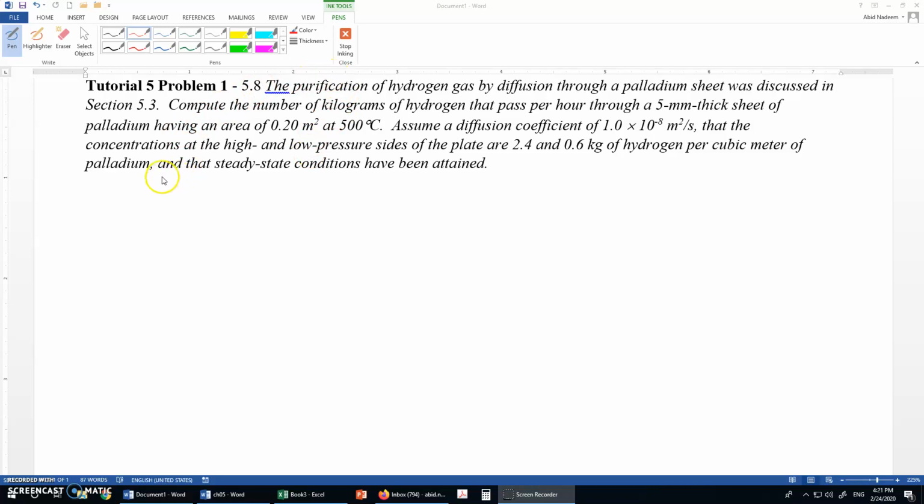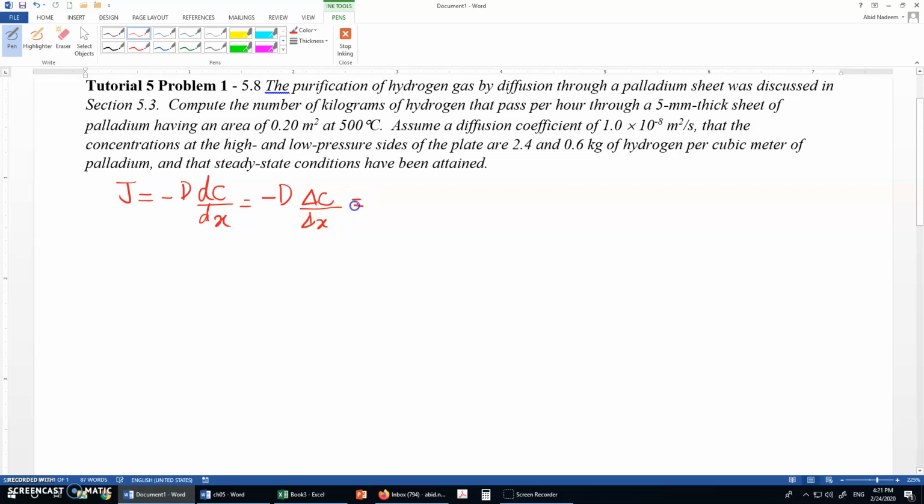So let's see what is known in this question, but before that we know that the diffusion flux is equal to minus D times dC over dx, or we can also write it as minus D times delta C over delta x, if we assume that the change in concentration with respect to the thickness is linear.